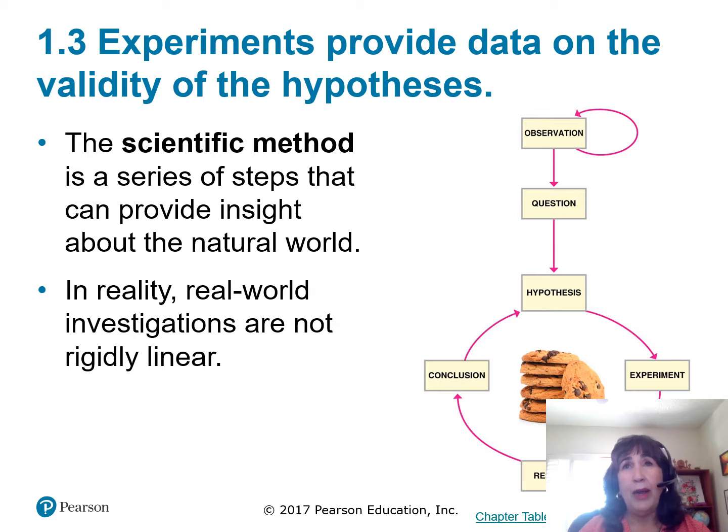Here in this diagram, you see that observation, question, and hypothesis are linear steps. One comes right after the other. But then once you do the experiment and you receive your conclusions, you may want to return to the hypothesis, giving it a circular flow in the diagram.